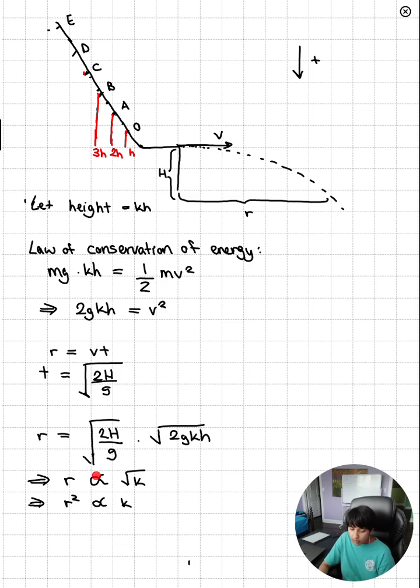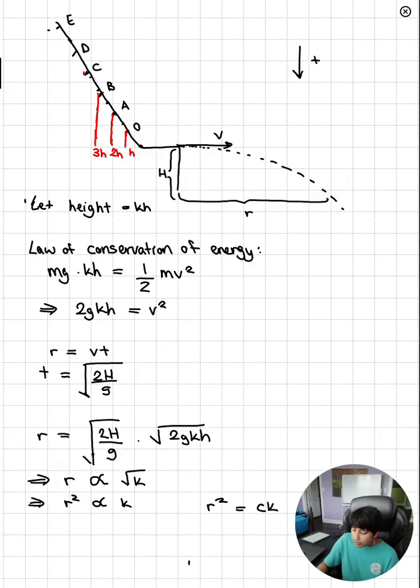So this symbol means proportionality. This signifies then that r is proportional to the square root of k, or r squared is proportional to k. Or that r squared equals some constant times k, if you haven't seen this notation before.